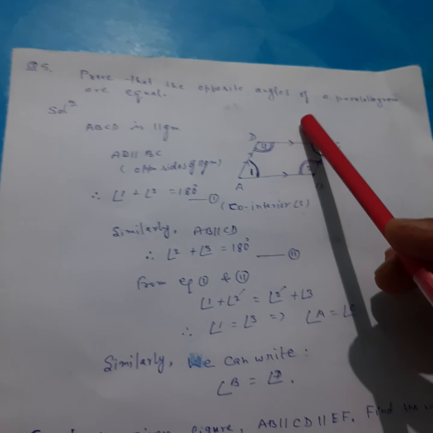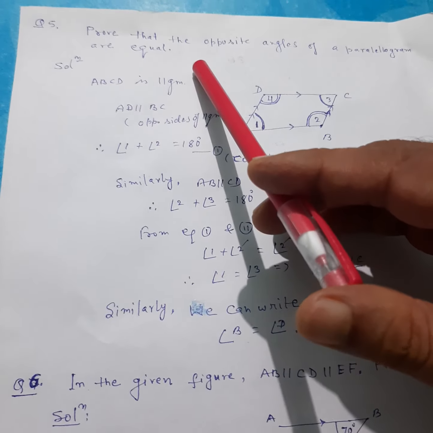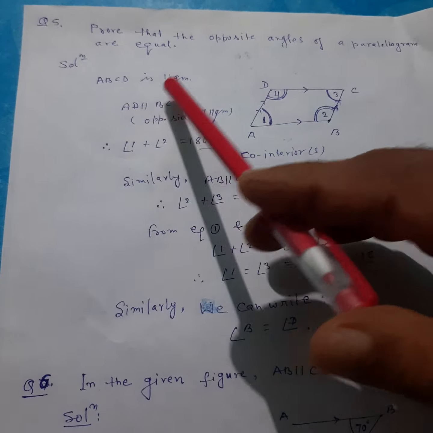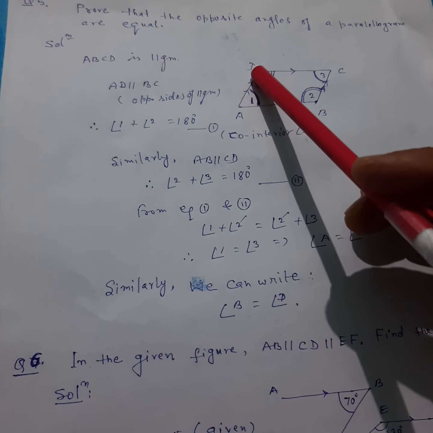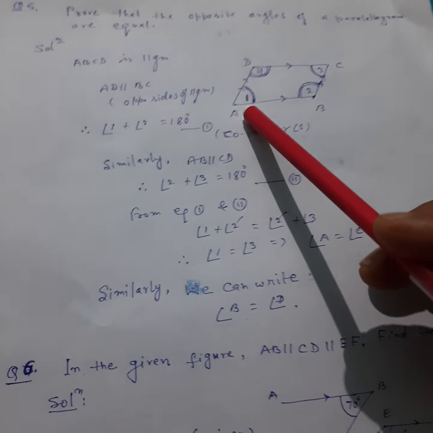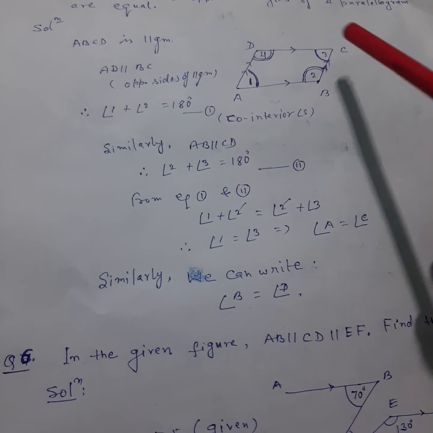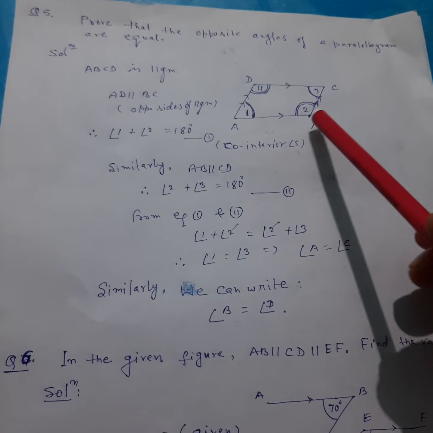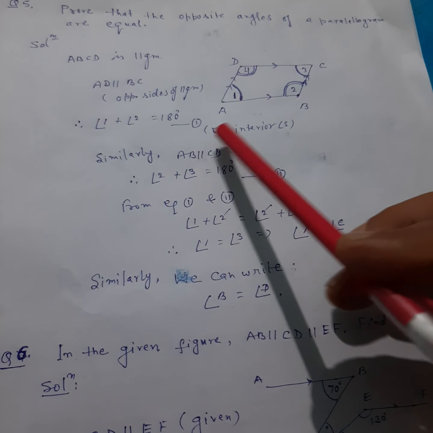Prove that the opposite angles of a parallelogram are equal. ABCD is a parallelogram. AD is parallel to BC, so angle 1 plus angle 2 equals 180 degrees, co-interior angles.